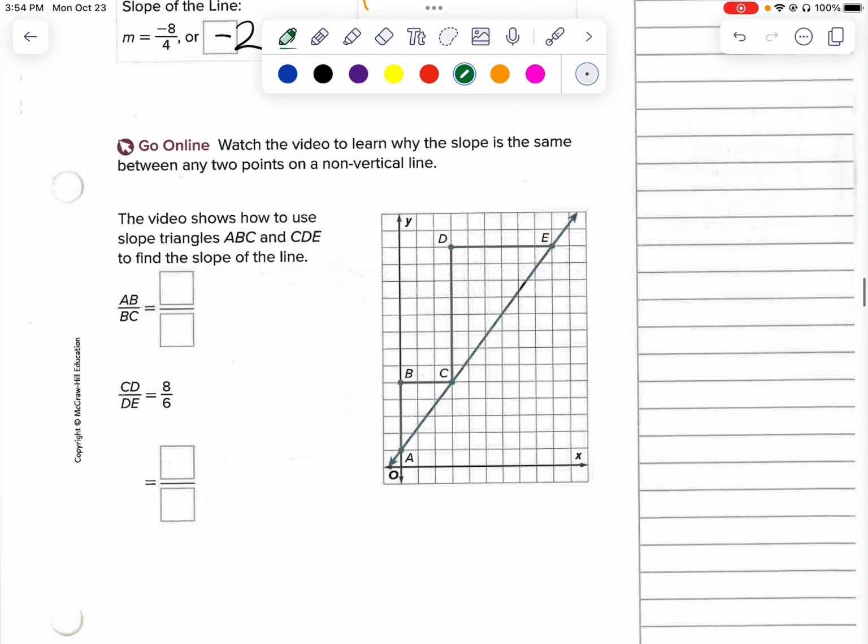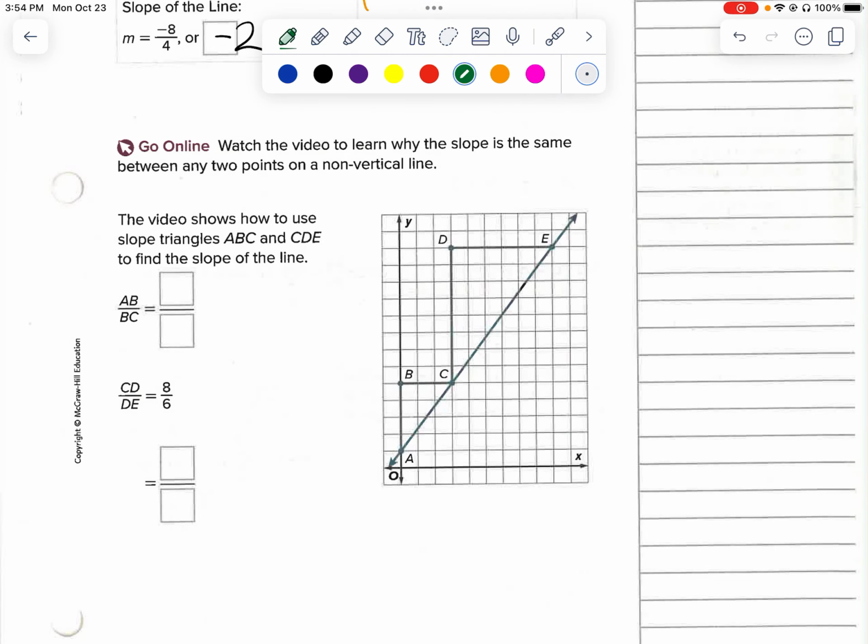Okay, so here, we did AB. So if I'm doing AB, it went up 1, 2, 3, 4. We're going across 1, 2, 3.